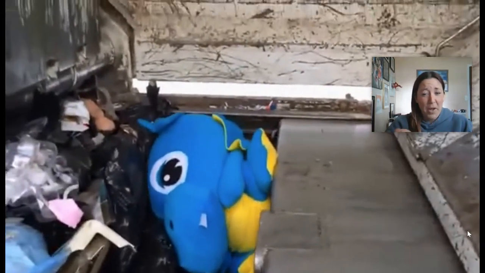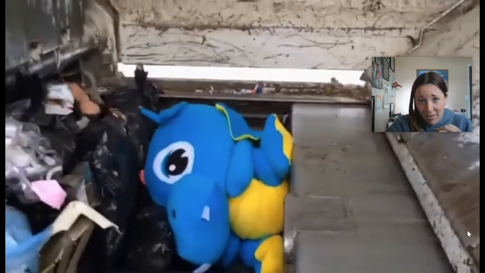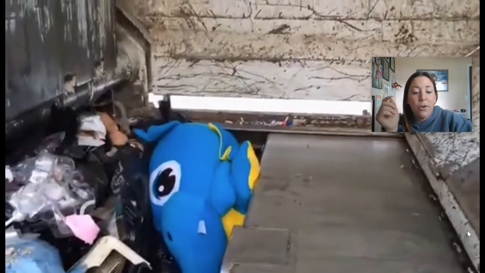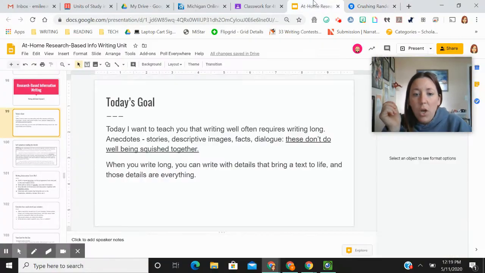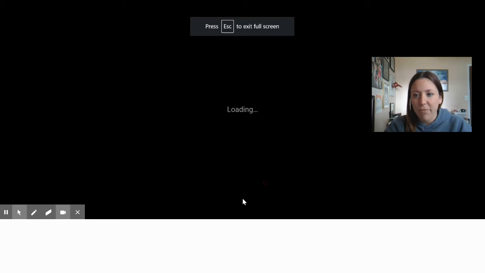In order to avoid your information and your stories looking like that, being all squished together and not really having any impact on your readers or your audience, we want to think about bringing details to your text to create this really beautiful image for your readers to understand and feel like they're there when you're talking about a scene, a setting, an instance, right, about your topic.